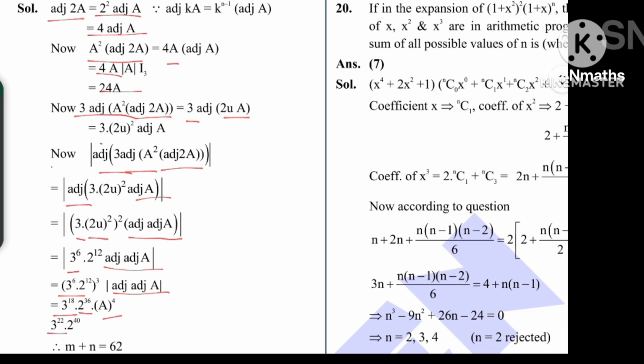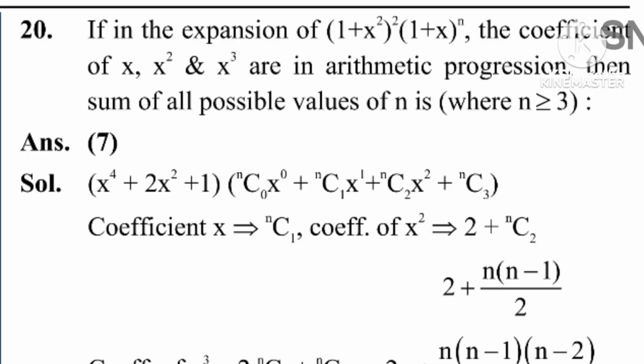So 3 power 22, 2 power 40. Then m is equal to 22, n is equal to 40. The answer is 62.